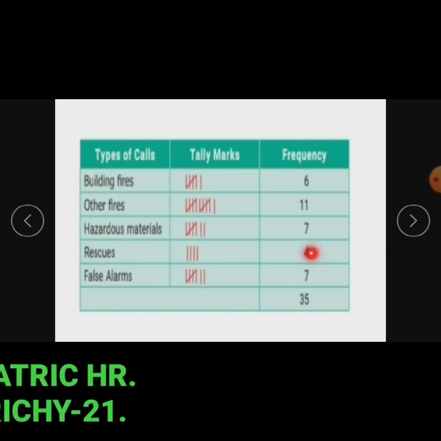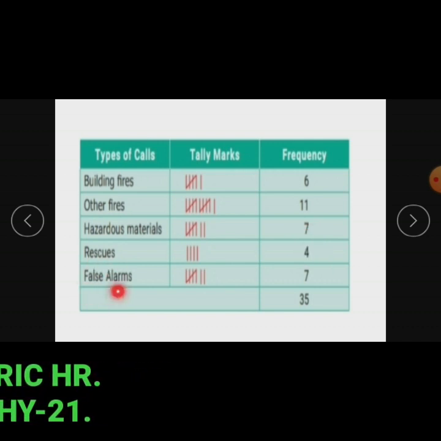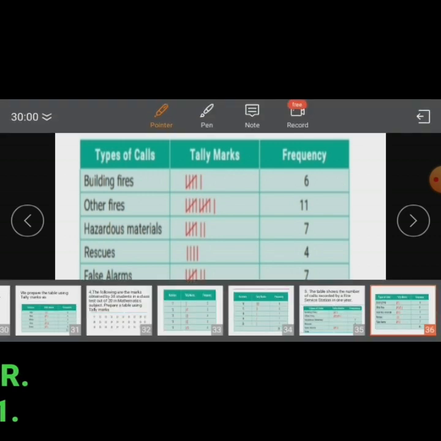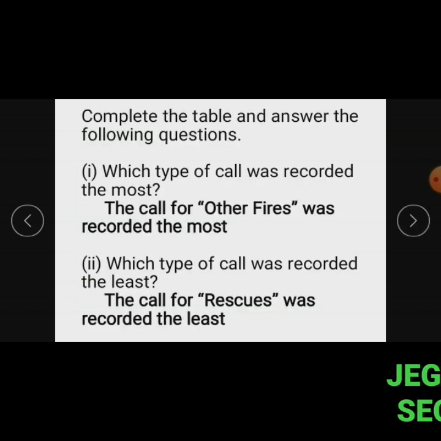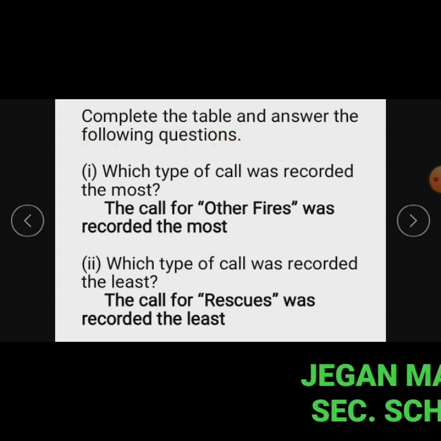Rescues by 4. False alarms calls were recorded by 7. So totally 35 calls were recorded by the fire service station. So from the table, now we answer the following questions.